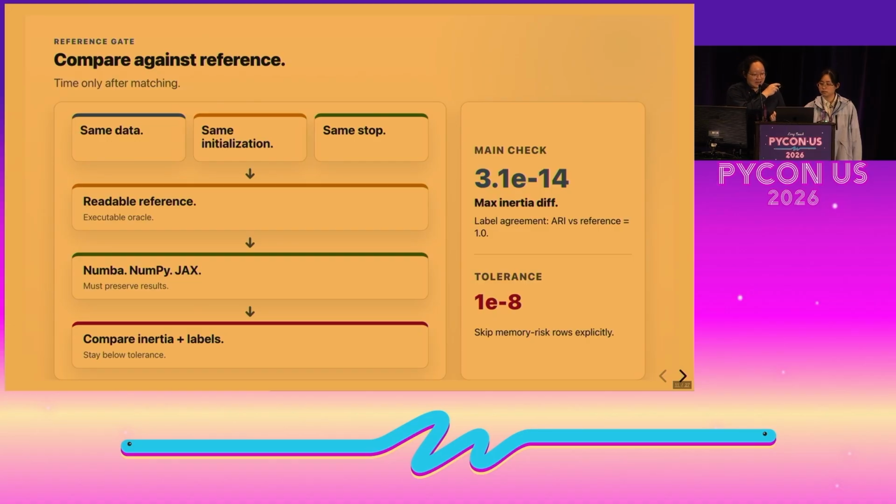In our test, we observe a maximum difference of 3.1 times 10 to the minus 14, which is well below our tolerance threshold. Additionally, we check the label agreement measured by the ARI, and it is exactly equal to 1.0, indicating perfect agreement between our accelerated implementation and the reference implementation. By passing these checks, we can be confident that the optimized implementations are correct.